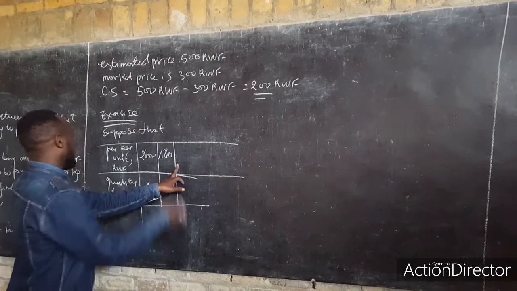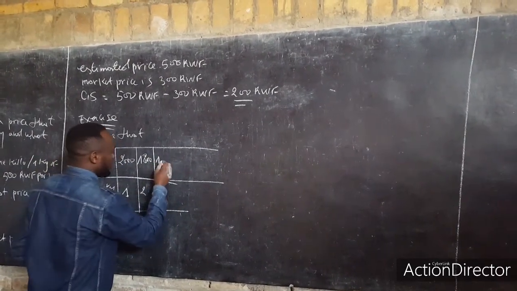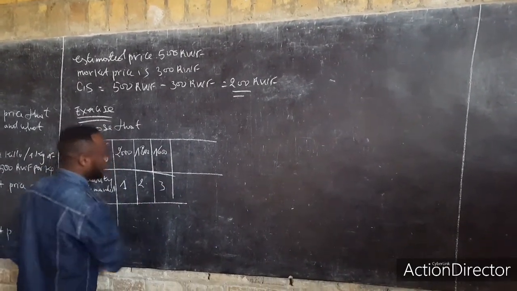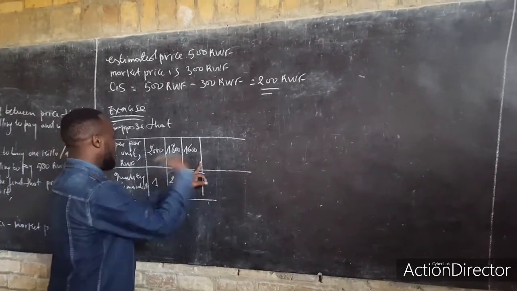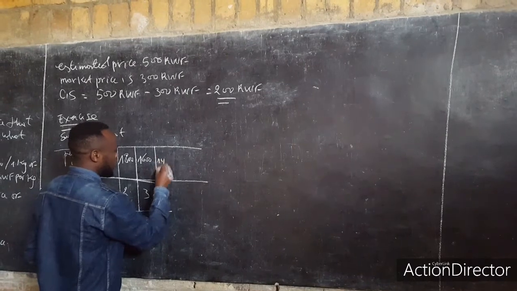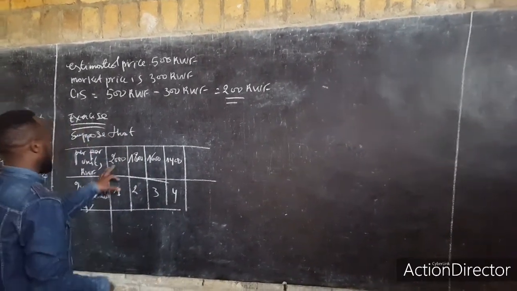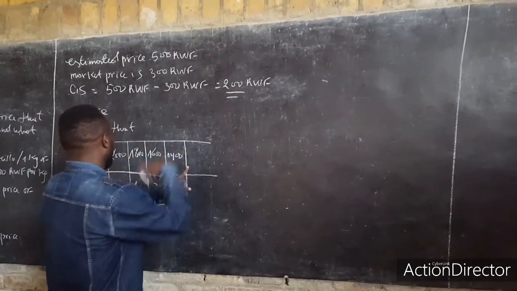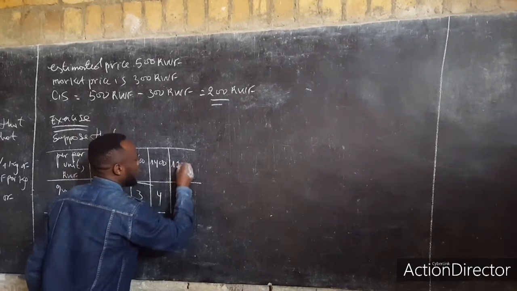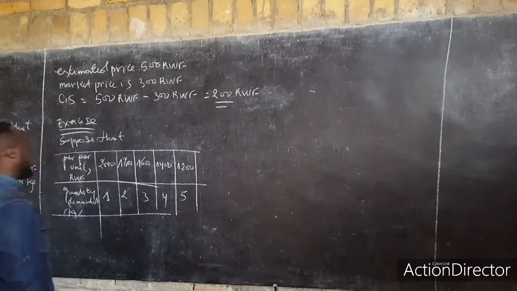The third one, when the consumer is estimated to pay 1,600 francs, he buys 3 units. The fourth, when the consumer is estimated to pay 1,400 francs, he buys 4 units. The last one, when the consumer is estimated to pay 1,200 francs, he buys 5 units.